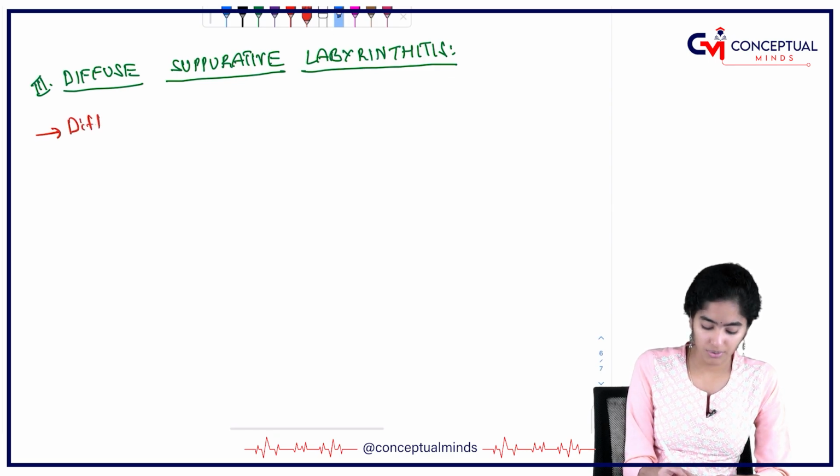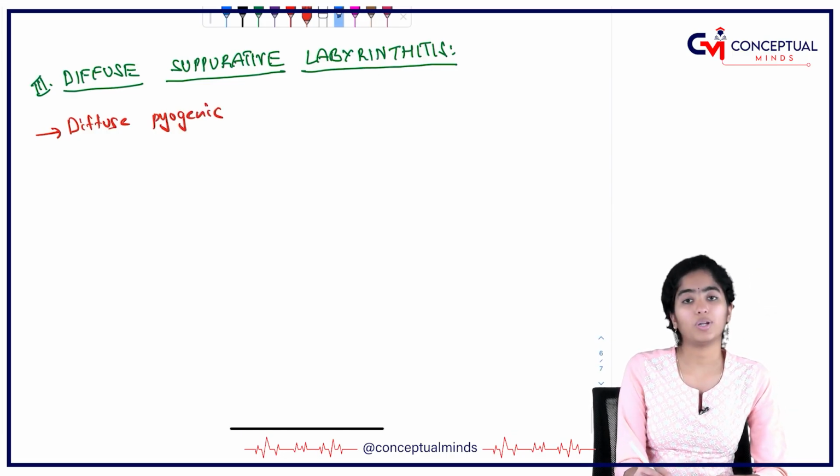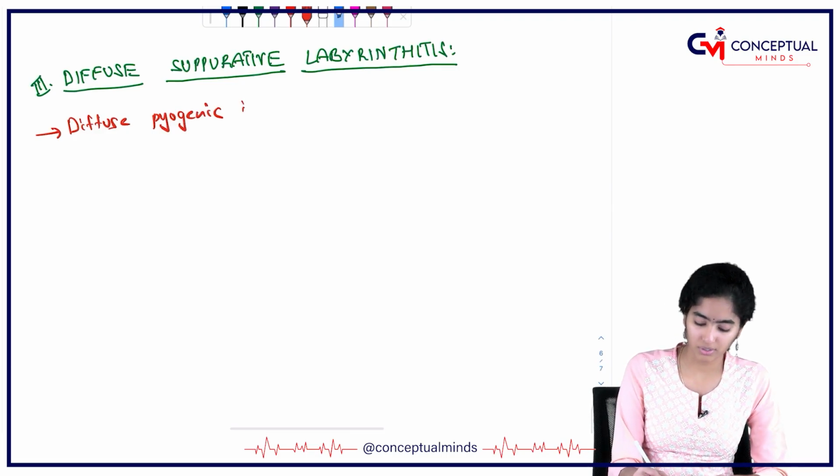So there is diffuse pyogenic, purulent infection. Serous was non-purulent. Suppurative is purulent. Pyogenic infection of the labyrinth.